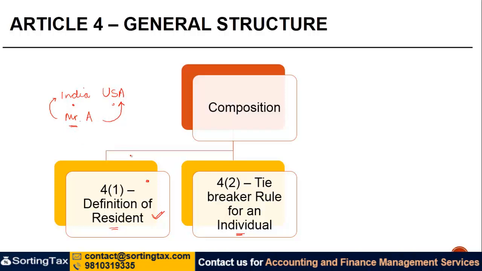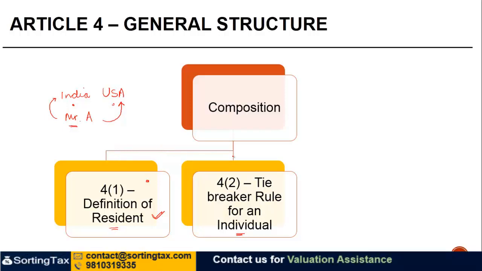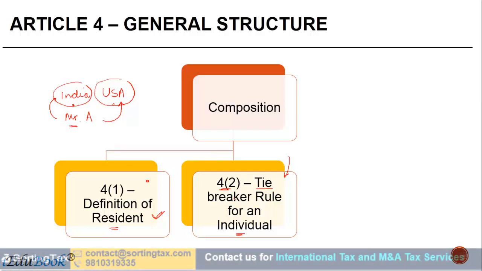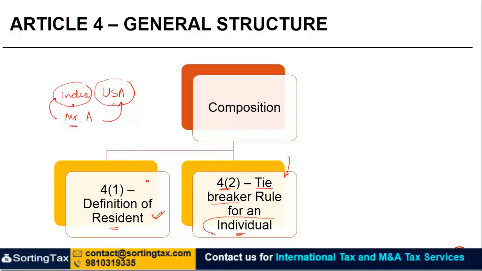Like I told you, there could be different criteria by which different countries can take care of when a person would become a resident. In that case, he has to be ultimately a resident of one country, right? So whether he'll be a resident of India or USA, there are certain criteria which are defined in Article 4(2), which one needs to look at to find out whether this person becomes a tax resident of India or USA. And this is called the tiebreaker rule, but in case of an individual.